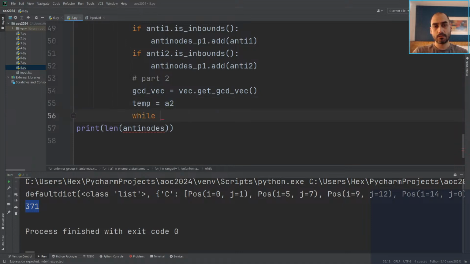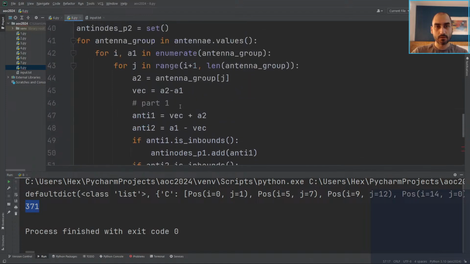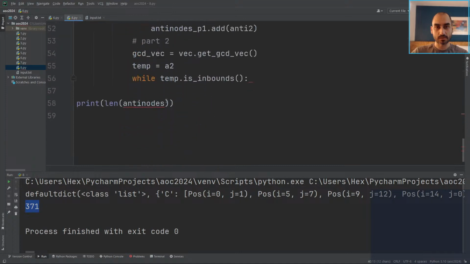While temp is in bounds, add it to antinodes P2 because that is valid.